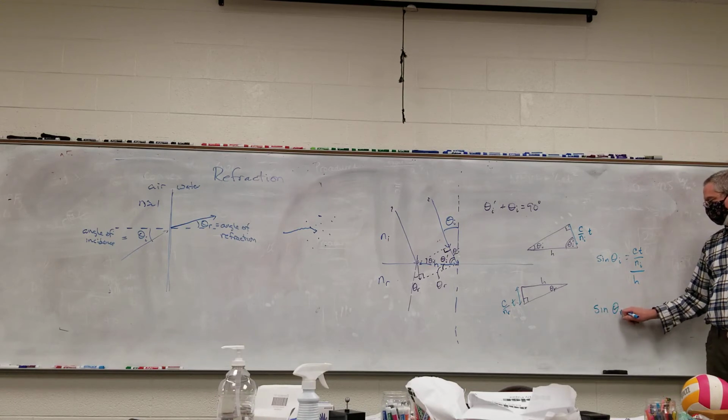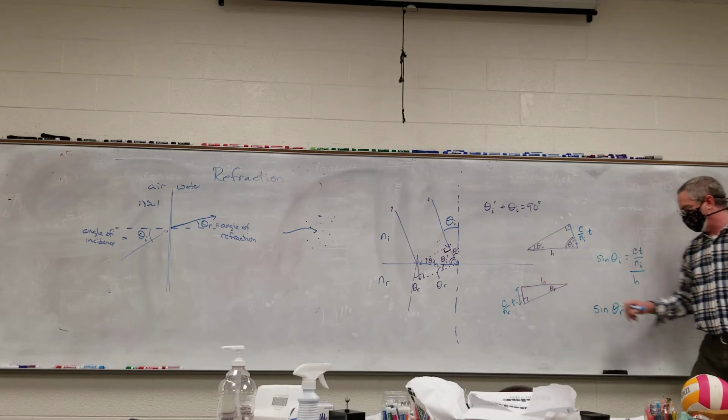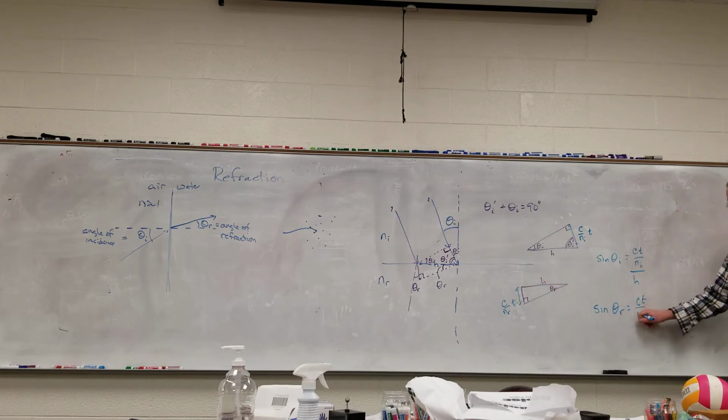Sine theta sub r is opposite over the hypotenuse, so this is ct over n sub r over h. So this would simplify down into ct over h n sub I, and this is ct over h n sub r.